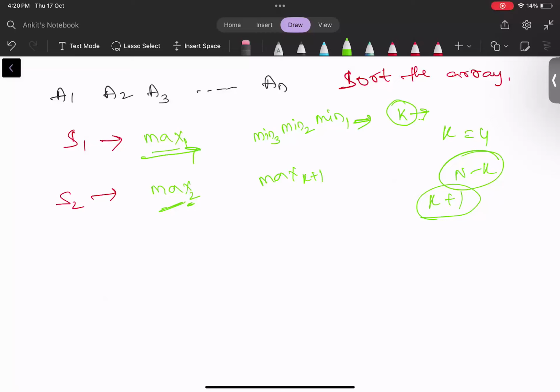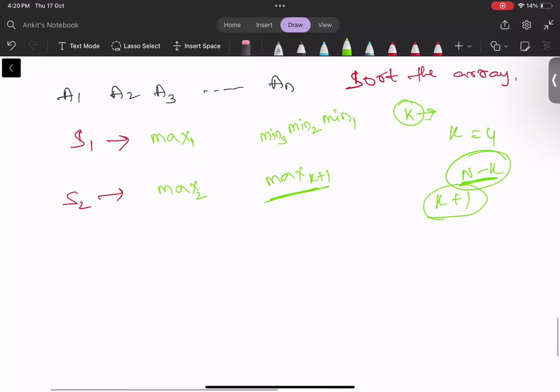That can be minimum also, because when we are coming from the other direction, it will be the n minus kth element. If we are going in the other direction, it will be the k plus 1th element. That means we are placing k elements in the first array. The second array will have the elements from k plus 1. So k plus 1 will be placed in this. That will contribute to the maximum answer.